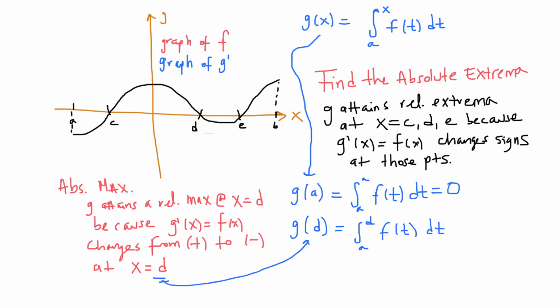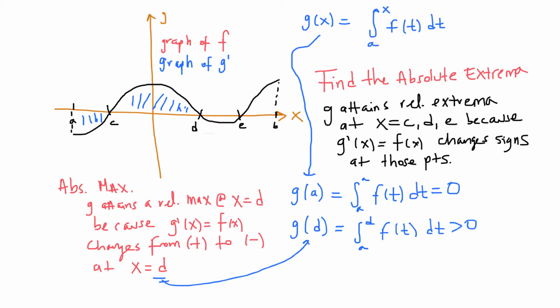But then what do you know about this integral from a to d? Well, looking at it, from a to d, I have this area, which is below the x-axis, but then I'm going all the way to d. Then I have this area, and wouldn't you say that we have more area above the x-axis than below the x-axis? So then what I can say, even though I don't know the actual value of g of d, I know that this is positive.